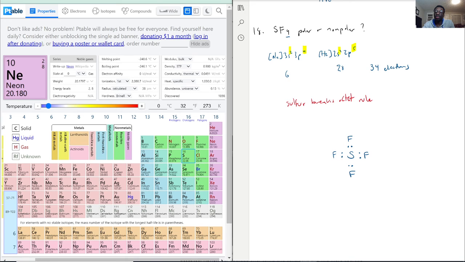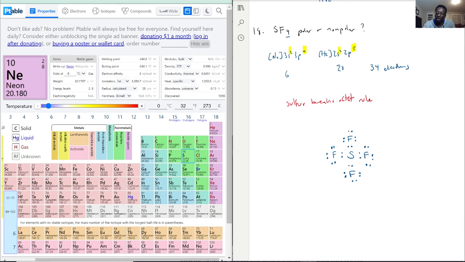Now let's start with the fluorine. We said it has 7 to contribute, so right now it's sharing 1, so it needs to now add up the rest of the 7. Each fluorine gets 2, 3, 4, 5, 6, 7.